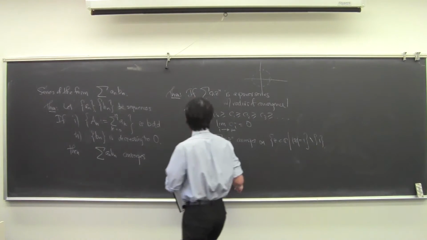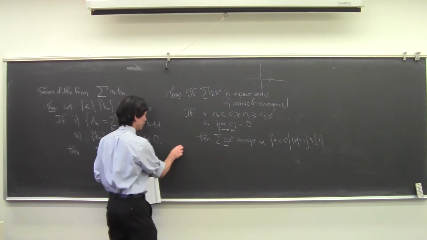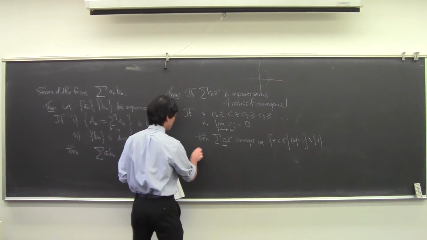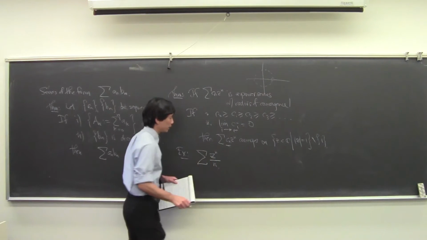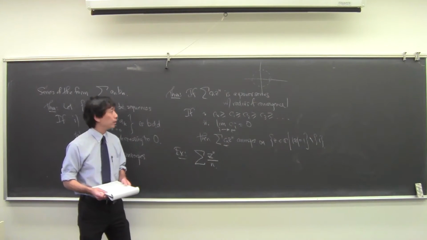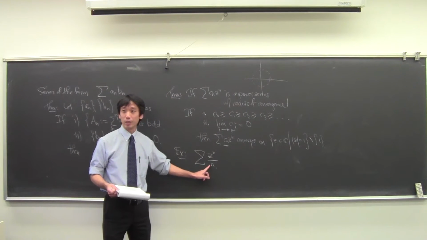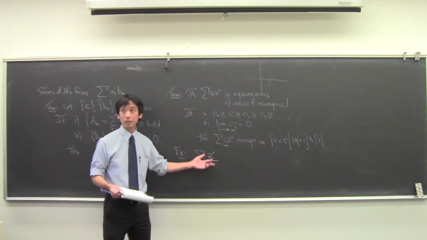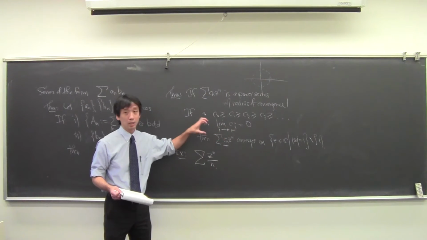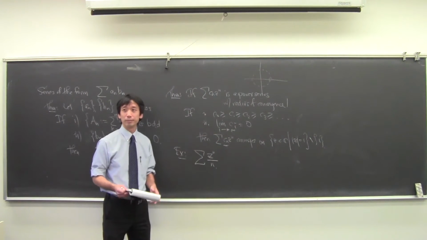Okay. So this would apply to that series that we mentioned before, right? This one, because here you've got these 1 over n. The 1 over n are a decreasing sequence that goes to 0, right? And so the theorem would tell us that this thing converges on all of the boundary excluding 1.